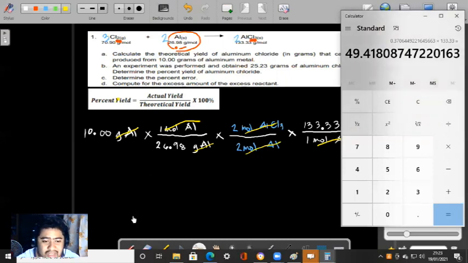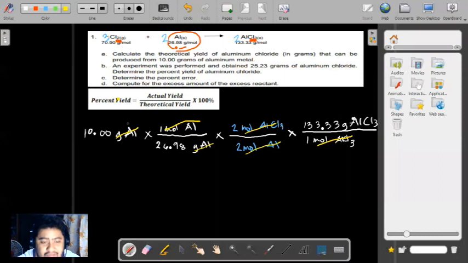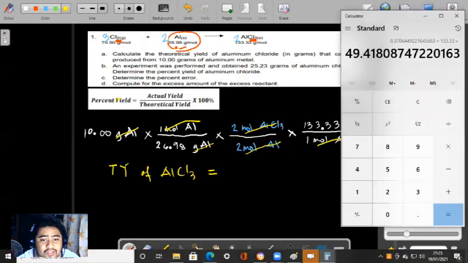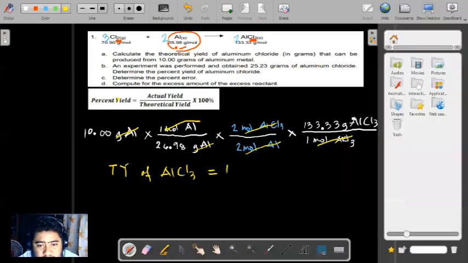Okay, so dyan, sa equation na sa ating solution, we have the theoretical yield of AlCl3 would be equivalent to 49.42 grams AlCl3.